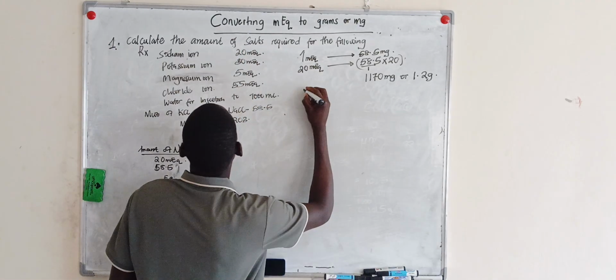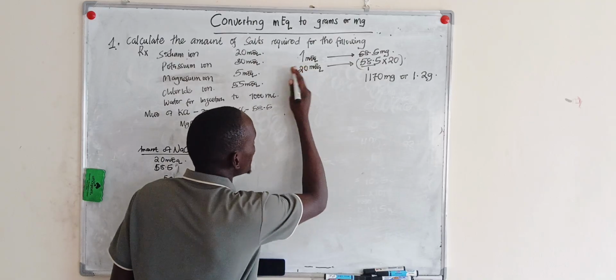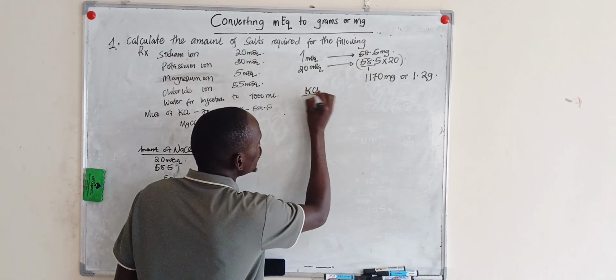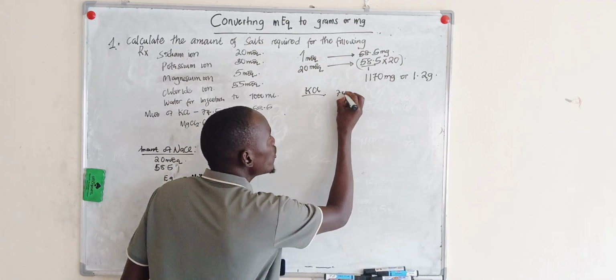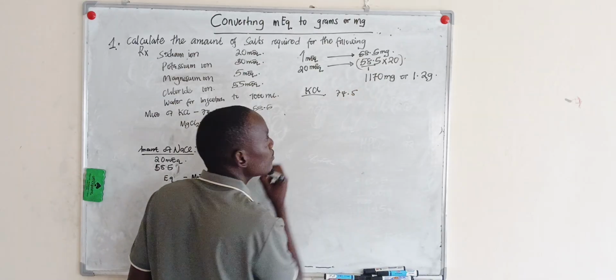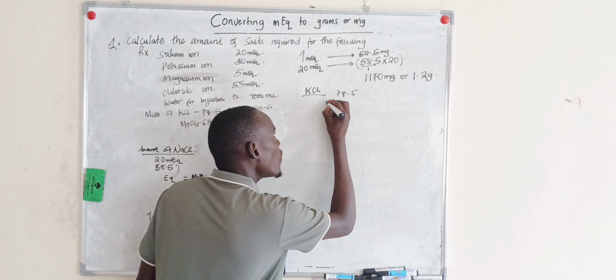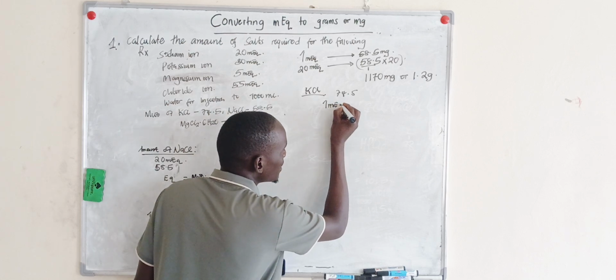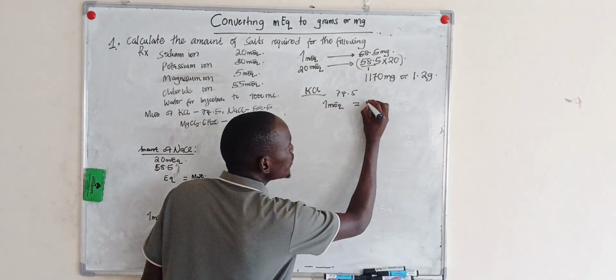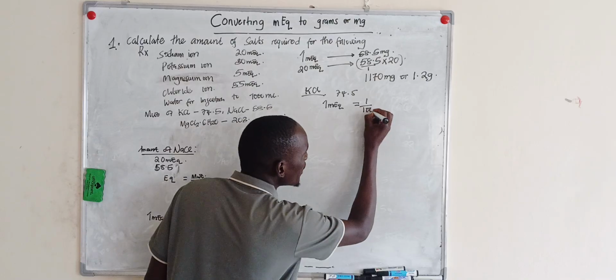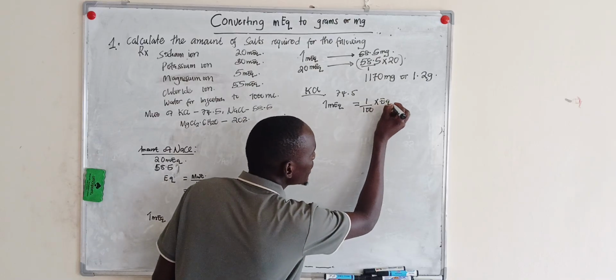So how about for potassium chloride? For potassium chloride, we know the molecular weight of potassium chloride. But remember, we have said that 1 milliequivalent is equal to 1 out of 1,000 times the equivalent weight.